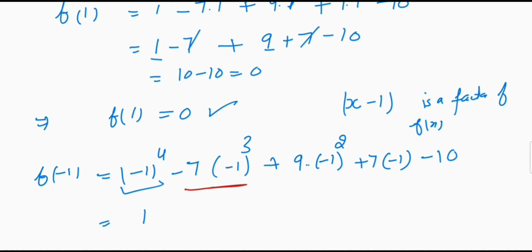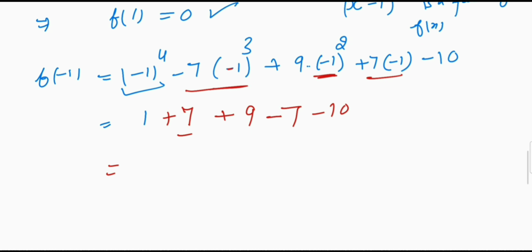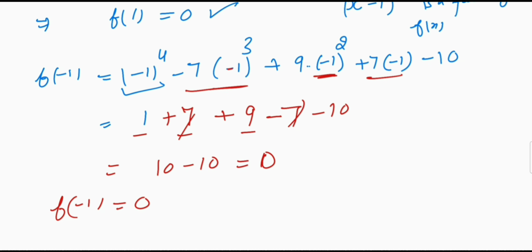Here we'll get a negative sign, and negative times negative gives plus 1. Here we'll get plus 9, and here minus 7. The 1 and minus 1 get cancelled, 9 plus 1 is 10, minus 10 is equal to 0. So f(minus 1) is equal to 0. This implies x plus 1 is also a factor of f(x).